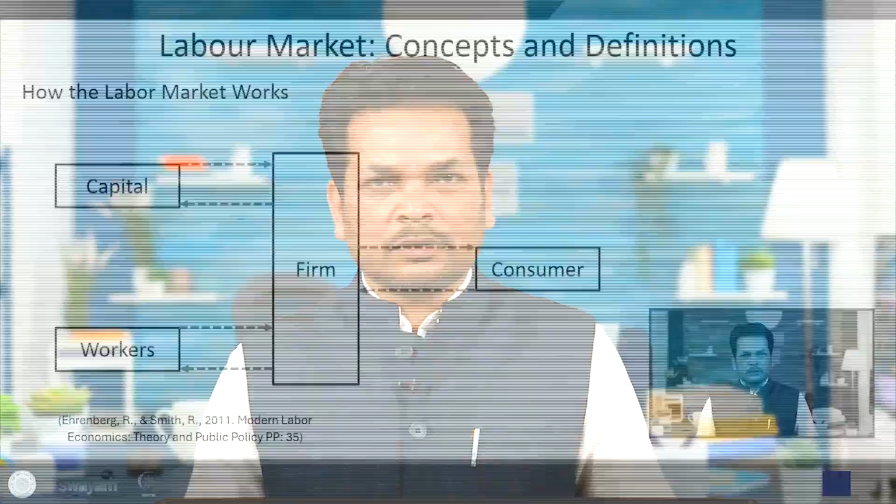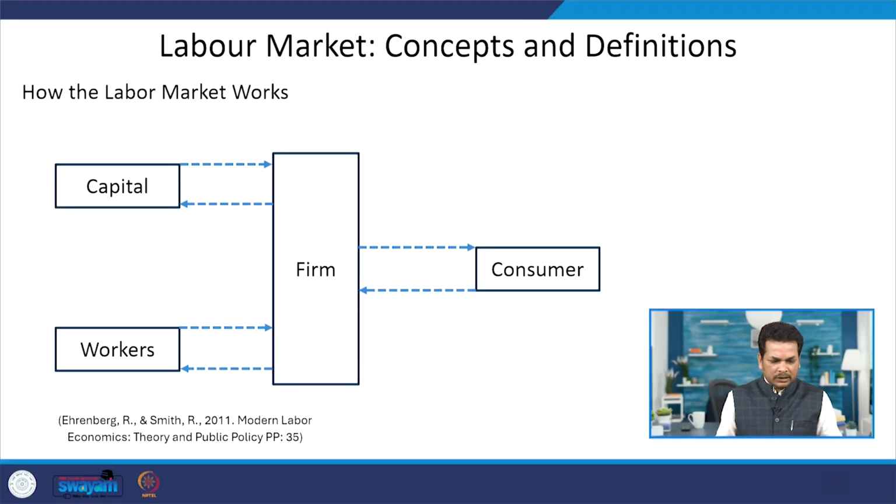In reality, of course, a farm may deal in many different labor, capital or product markets simultaneously. So, the study of labor market begins and ends with the analysis of demand and supply of labor. So, let us try to understand how this labor market works.